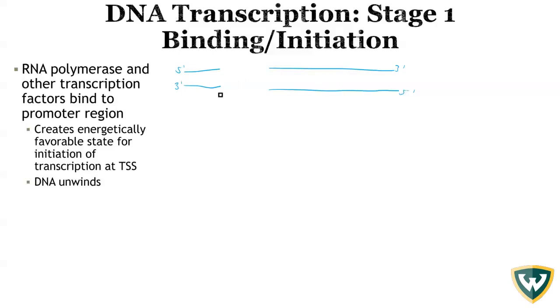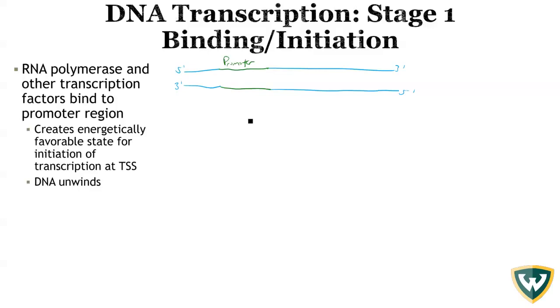What's important is that the machinery for transcription actually recognizes a very specific area of DNA, and I'm going to highlight it green. This specific area of DNA is called a promoter because it promotes transcription.